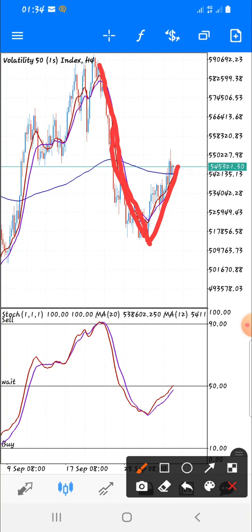So now we are aware that because here it's been a support, and here the price has broken, here it's going to be a resistance level. And now the price is expected to go down and take another impulse. Simple as that. That's when we identify the entry on the high volatility indices.